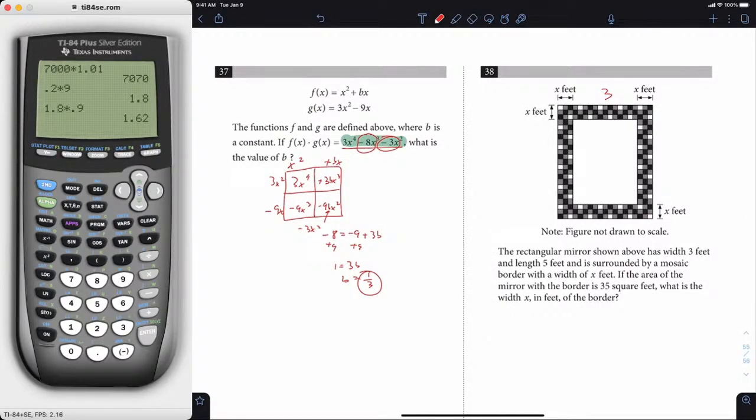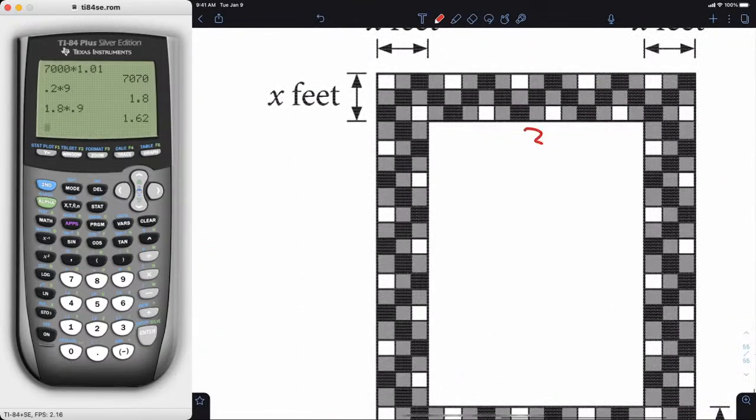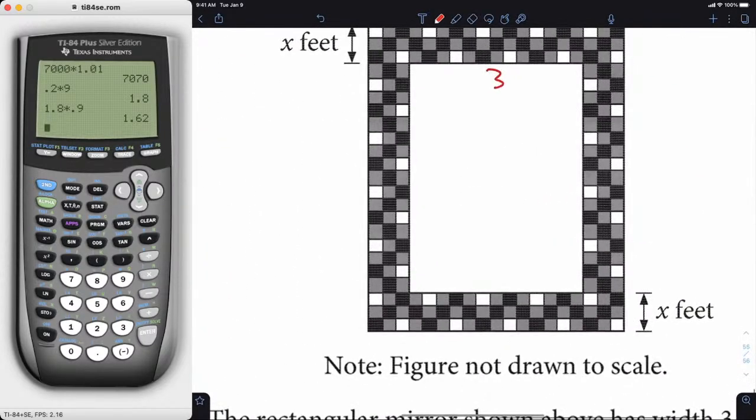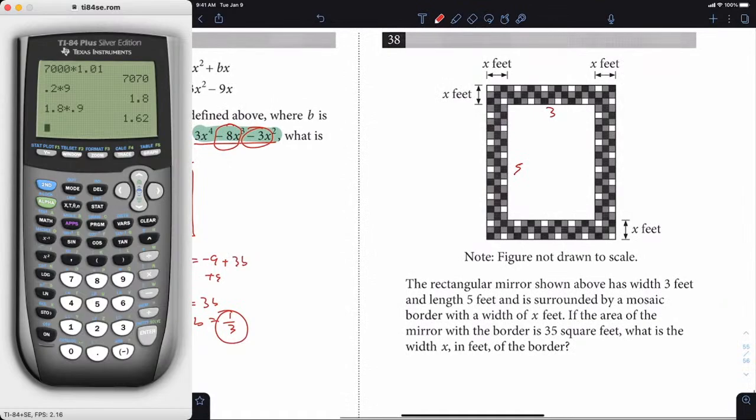Oh wait, no, they're saying the mirror has a width of 3 and a length of 5. It's surrounded by a mosaic with a border of width x feet. If the area of the mirror with the border is 35 square feet, what is the width of the border?